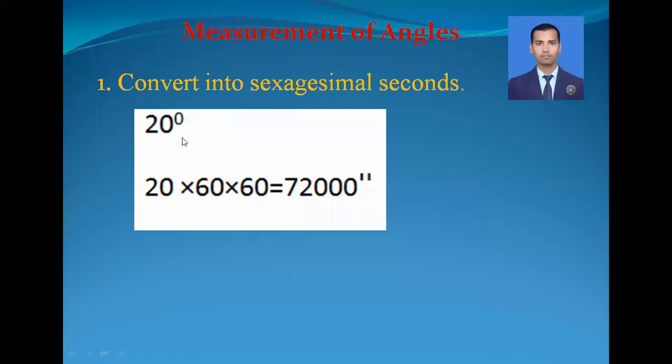According to the table, 1 degree is equal to 60 minutes. Similarly, 1 minute is equal to 60 seconds.